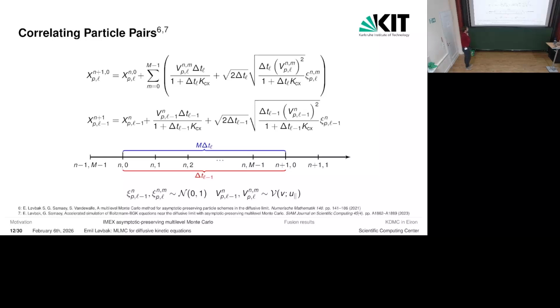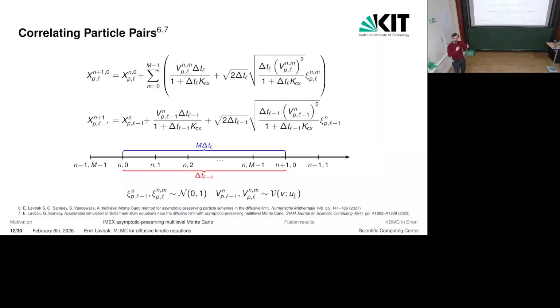The idea is the following. On the top, we have our fine simulation. My refinement factor is going to be capital N: capital N small steps for the same amount of time as a single step here. If you have these two trajectories, you can correlate them in the following way. You take the fine simulation, you run it for capital N steps.